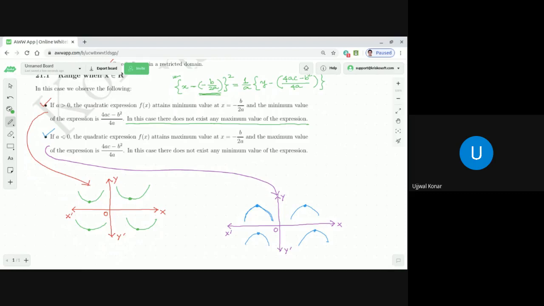In this case, there does not exist any maximum value of the expression. And if a is less than 0, the quadratic expression f(x) attains a maximum value at x equal to minus b by 2a, and the maximum value of the expression is 4ac minus b square by 4a. In this case, there does not exist any minimum value of the expression. I hope it is clear.